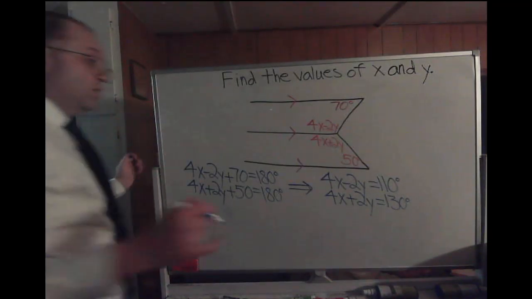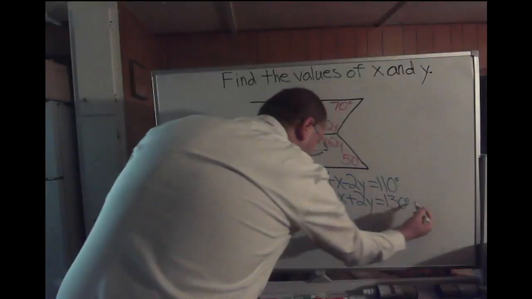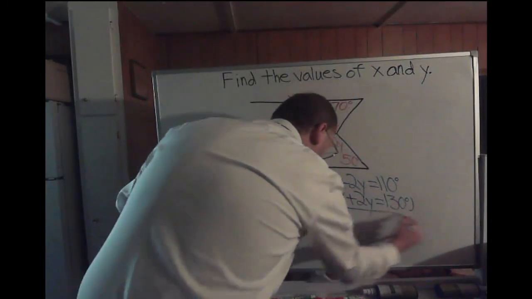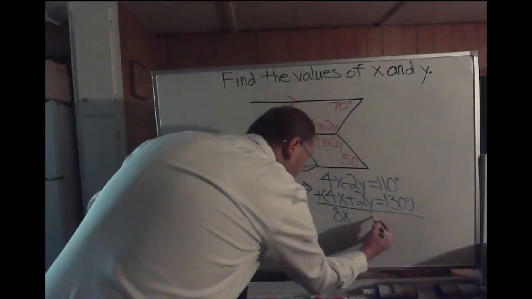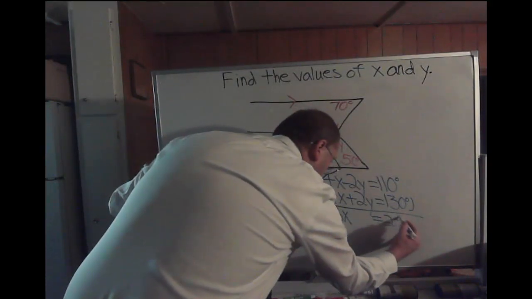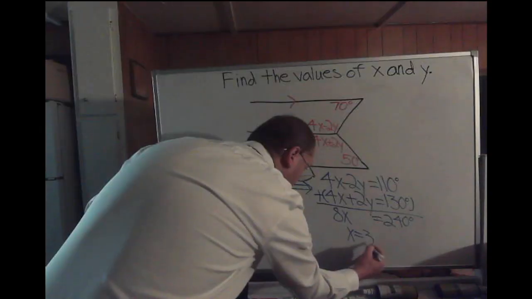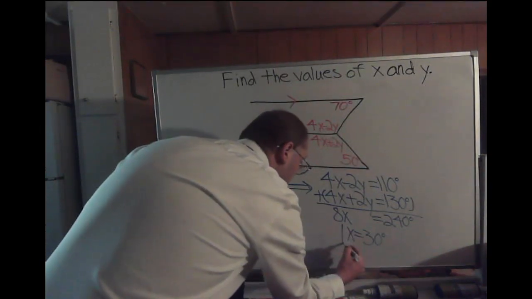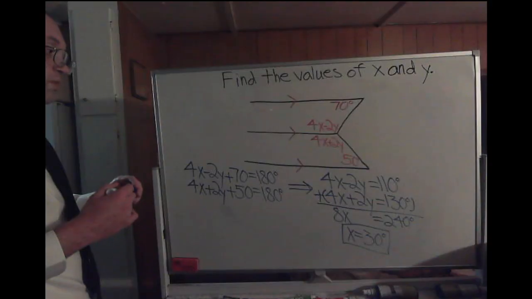So why don't we go ahead, add the first and the second lines together. You would end up then getting 8x is equal to 240 degrees, which would simply mean that x equals 30 degrees. So we found the value of x, now we just need to find the value of y.